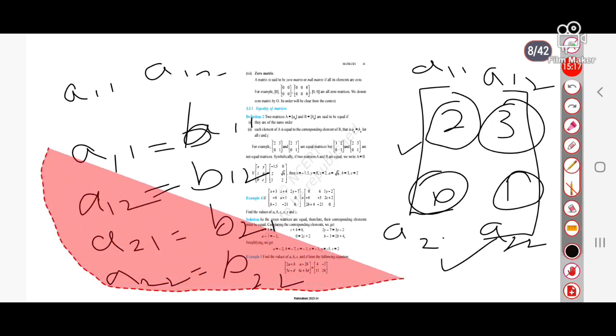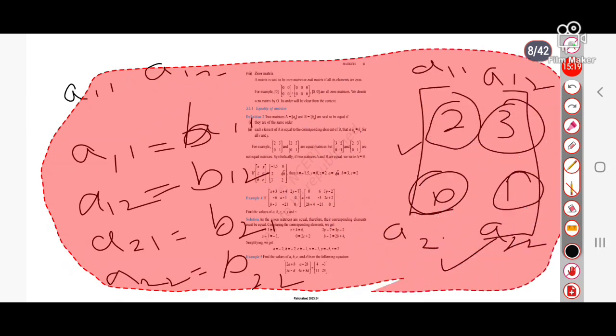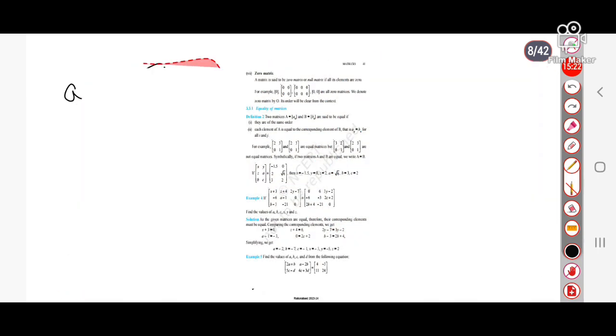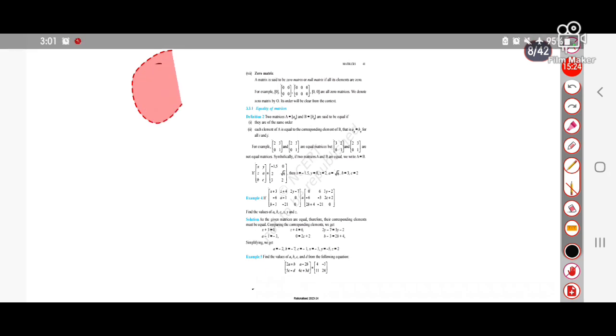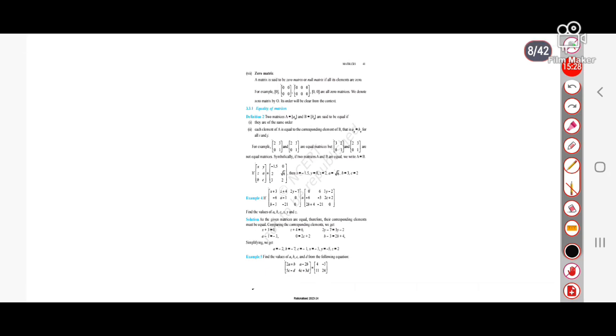This is the equality of matrices. It is the same for 2 by 2, 3 by 3, whatever it may be: the corresponding elements must be equal, then both matrices are said to be equal. With this property, we find the values of x, y, z asked in the examples and exercise problems.